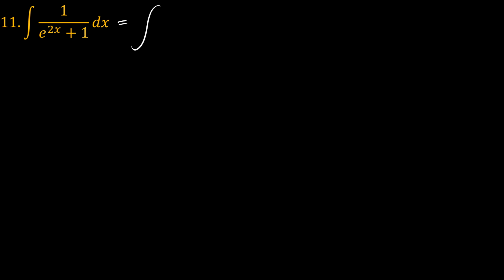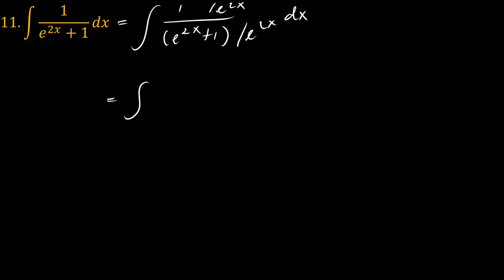So we have 1 divided by e to the 2x, and then e to the 2x plus 1 divided by e to the 2x. So what comes out of this is we have e to the minus 2x in the numerator over 1 plus e to the negative 2x.